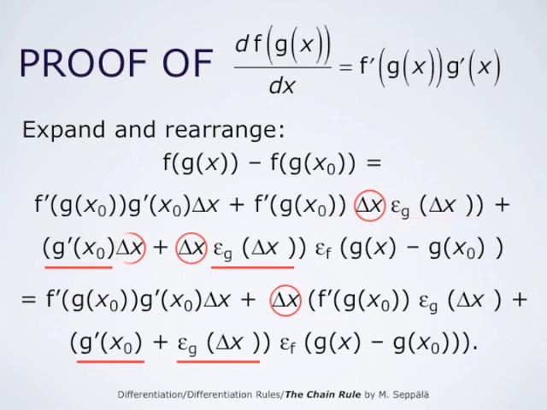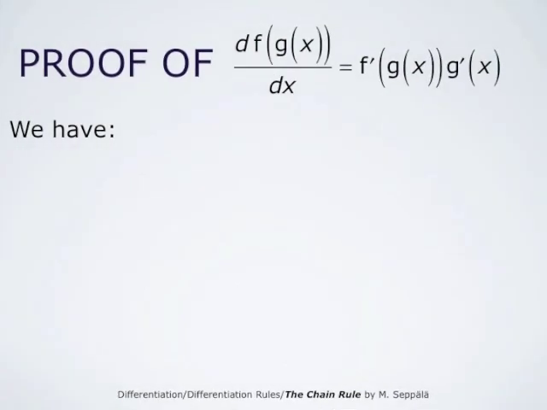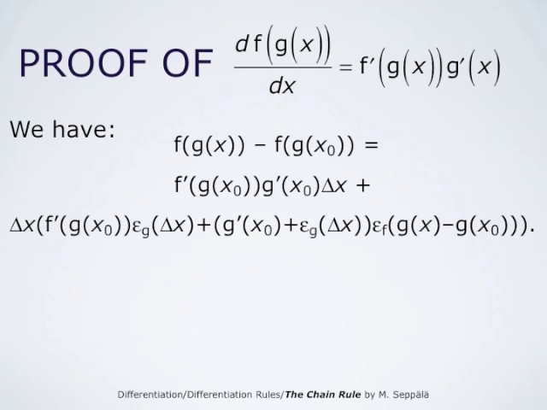So we may next use this presentation for the difference f at g of x minus f at g of x0, and we observe that this difference is now of the form f prime at g of x0 times g prime at x0 times delta of x plus delta of x times a rather complicated long expression.